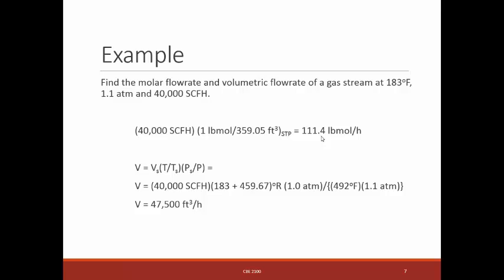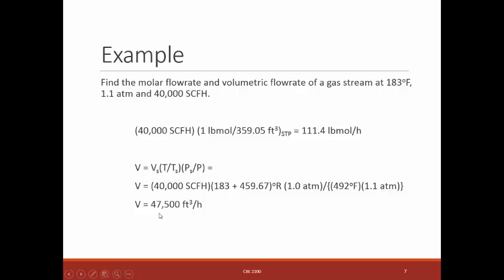This is a simple calculation because that standard state information is most closely related to moles. To convert to what the actual volume is, I have to do a lot more work. I'm going to take that standard volume, then use the ideal gas law ratios: the actual temperature divided by the standard temperature, and the standard pressure divided by the actual pressure.